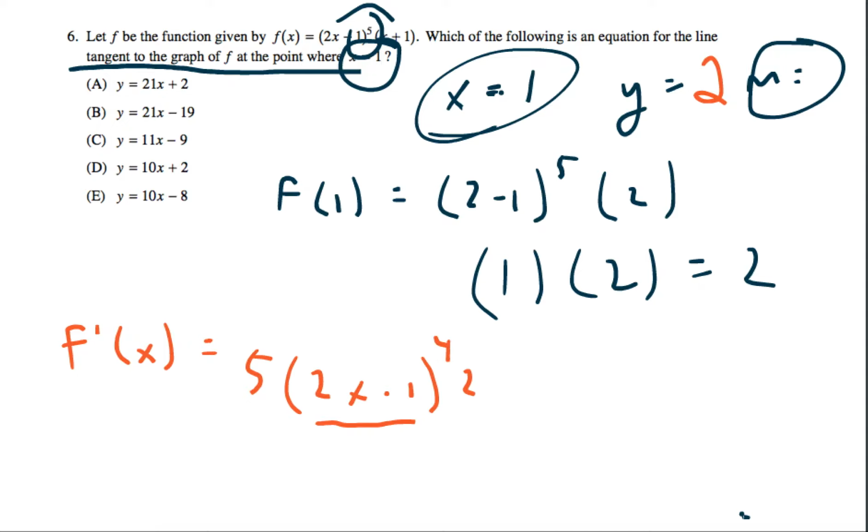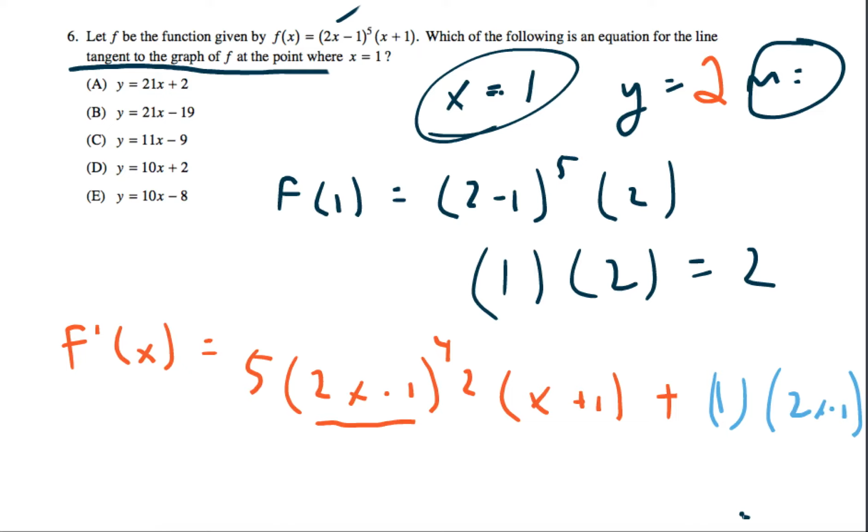This would now then be to the 4th power times the second, which is just x plus 1, plus the derivative of the second, which was strictly 1, if you notice that. So 1 times the second, times the first, which is 2x minus 1 to the 5th.